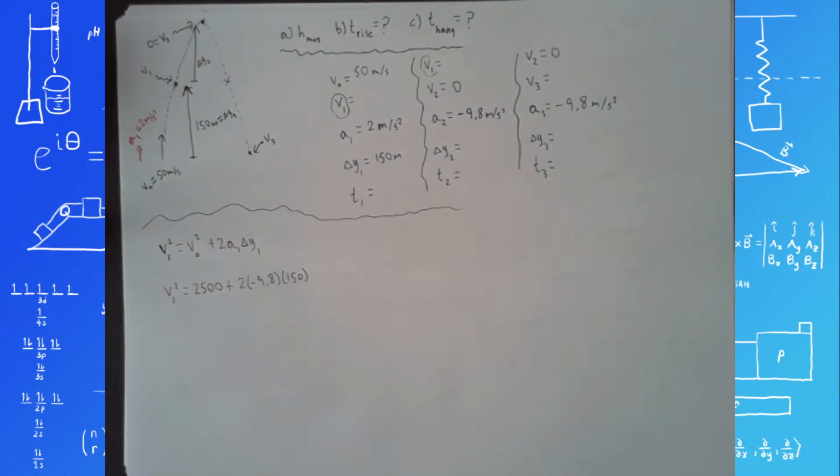If I put all that in my calculator, 2500, and then plus 2 times negative 9.8 times 150, I get negative 440. Uh-oh, what did I do wrong?